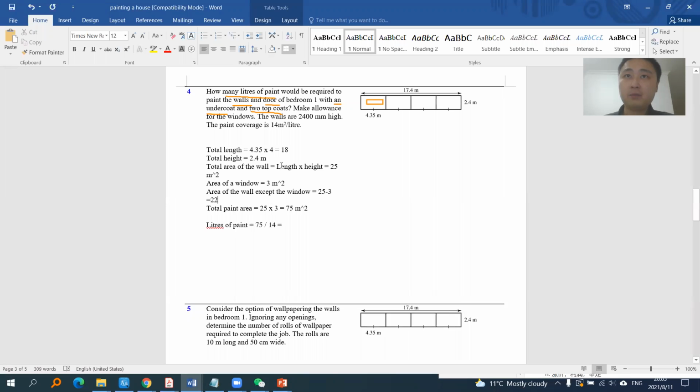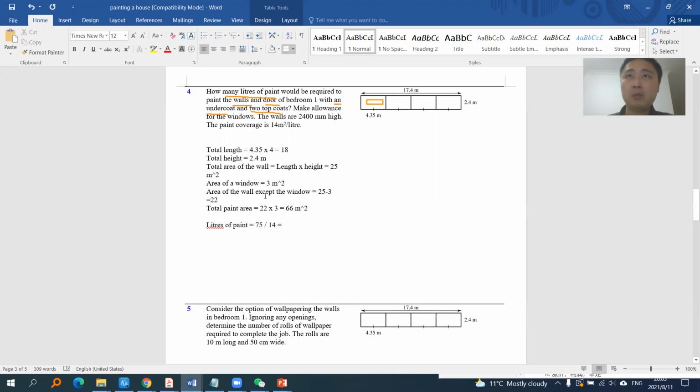And for the total painted area, remember we have one undercoat and 2 top coats, so in total we paint the wall 3 times. So we should use 22 times 3, which gives you a total painted area of 66.